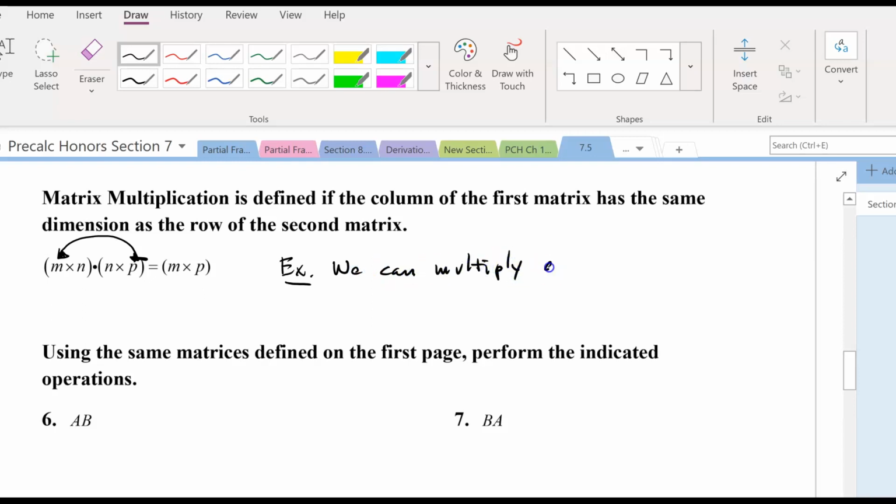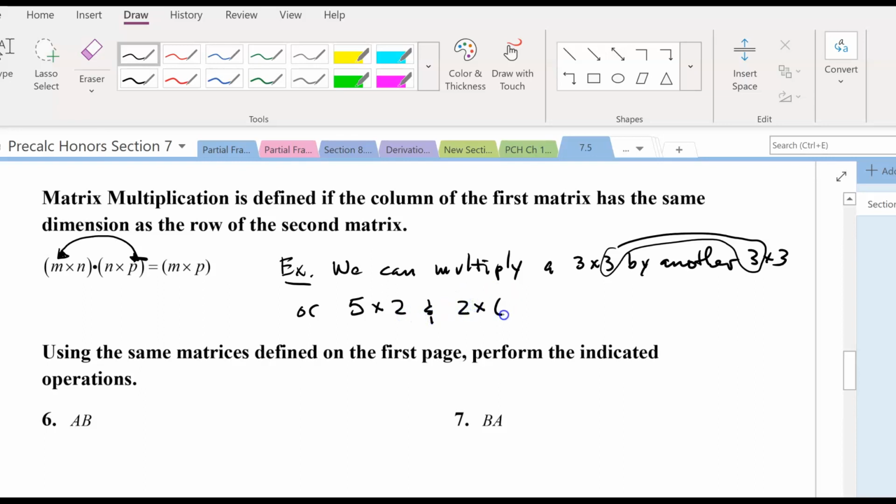we can multiply a 3 by 3 by another 3 by 3. Since these two numbers in the middle match, we can multiply them, and then our answer would be another 3 by 3. Or we could multiply a 5 by 2 and a 2 by 6.